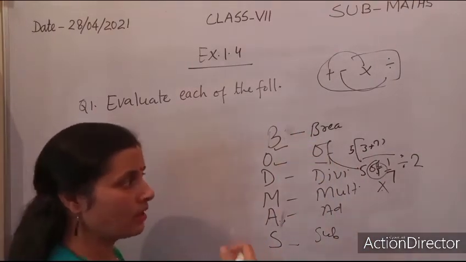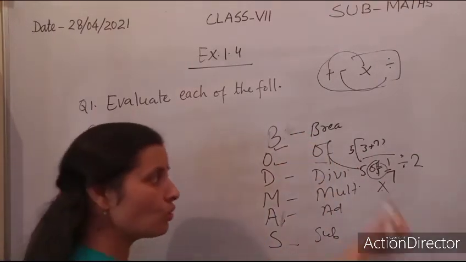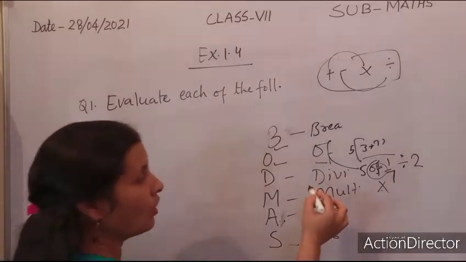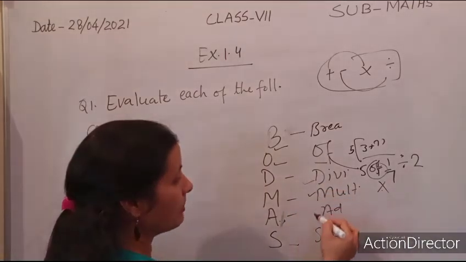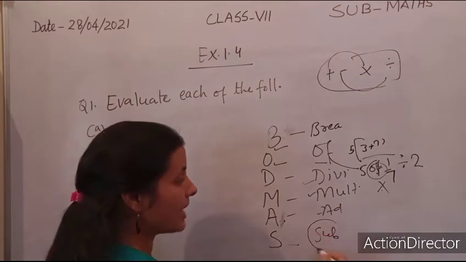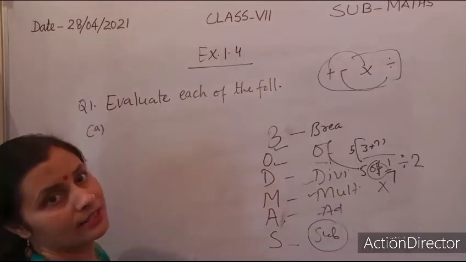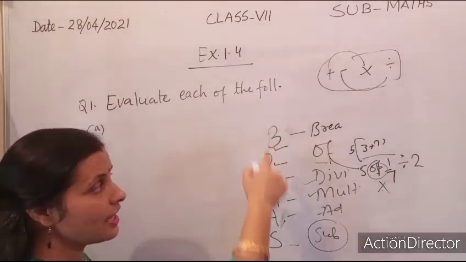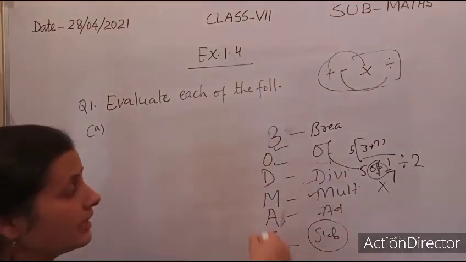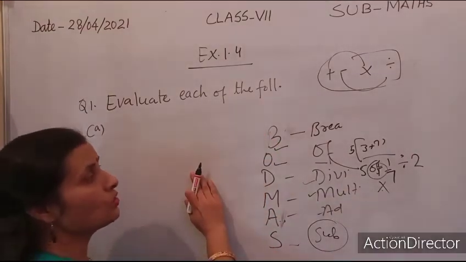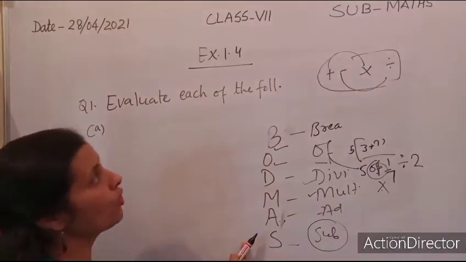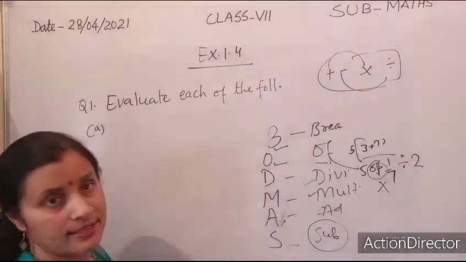You will get more information, or you will understand through the questions. Okay, so don't get confused. Then division, then multiplication, and addition and subtraction can be done at the last. Understood? So this is the BODMAS rule. I am just telling this rule because a number of questions we are going to do under this exercise are based on the BODMAS rule.